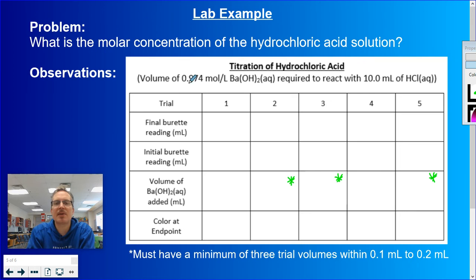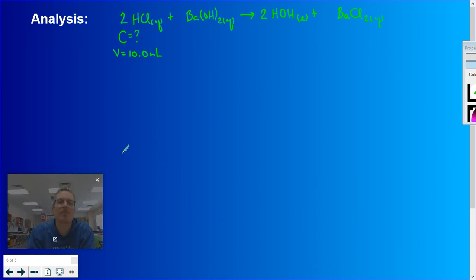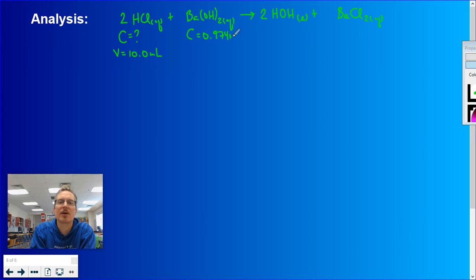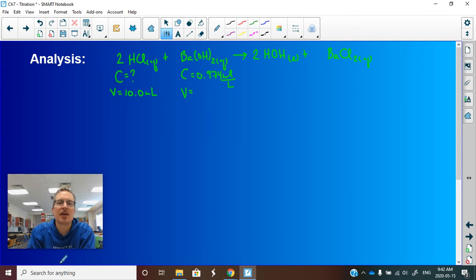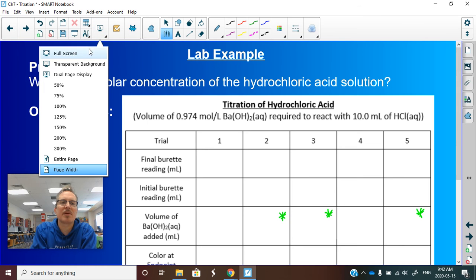They also told me in an observation table that my concentration of barium hydroxide was 0.974 moles per liter.